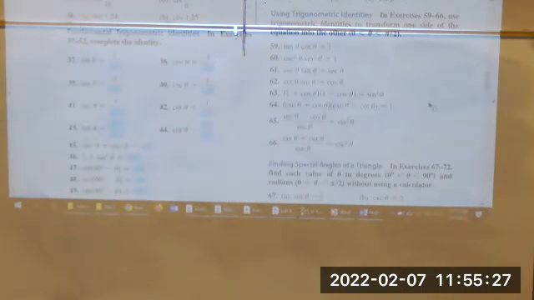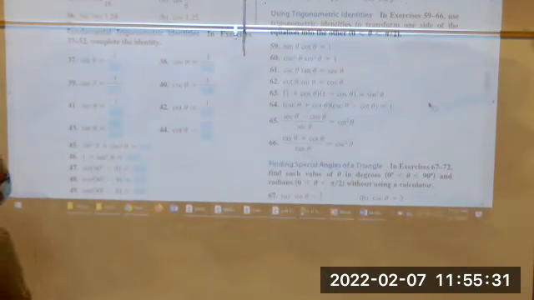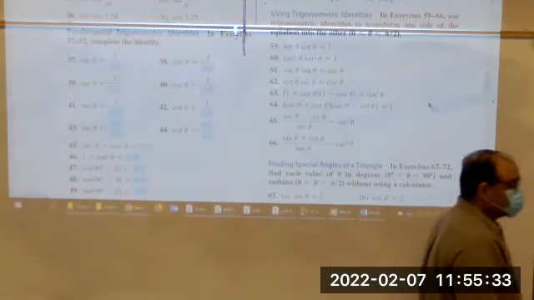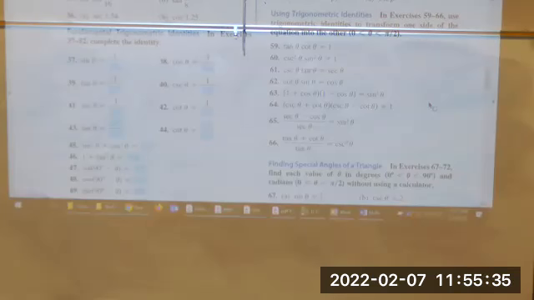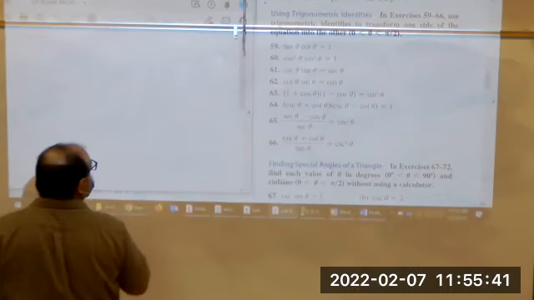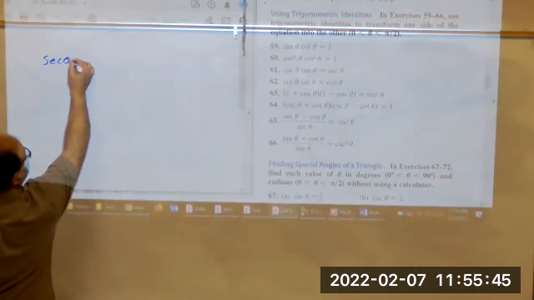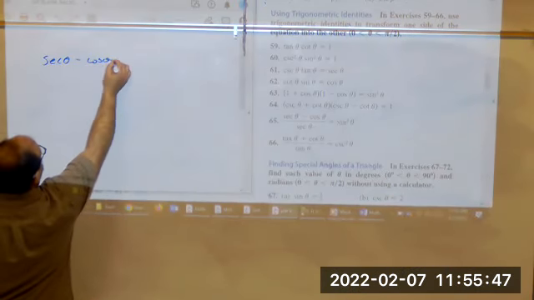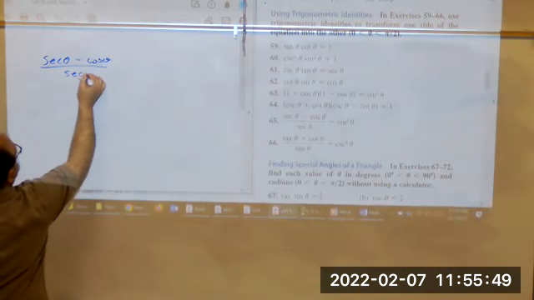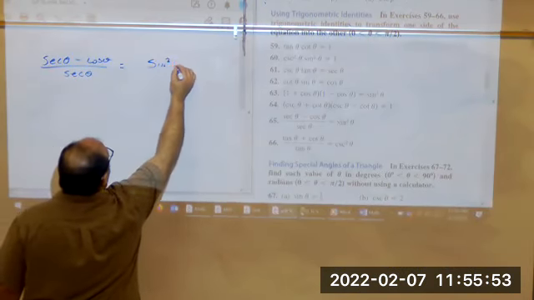So 65, we are supposed to transform secant theta minus cosine theta over secant theta, and make that equal sine squared theta.